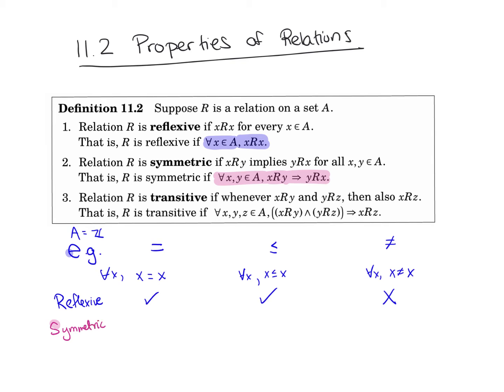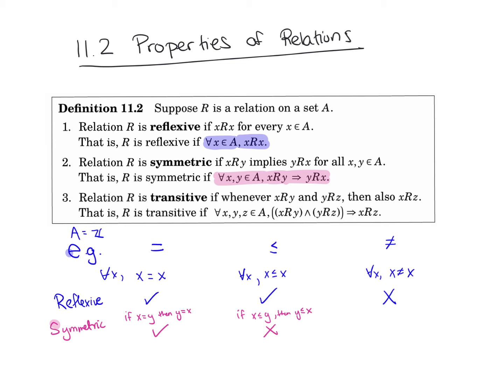Is equals symmetric? That would say if x equals y, then y equals x. That makes sense, that one's going to be true. For less than or equal to, it says if x is less than or equal to y, then y is less than or equal to x. That's not true. Just because x is less than y, we don't get y is less than x.